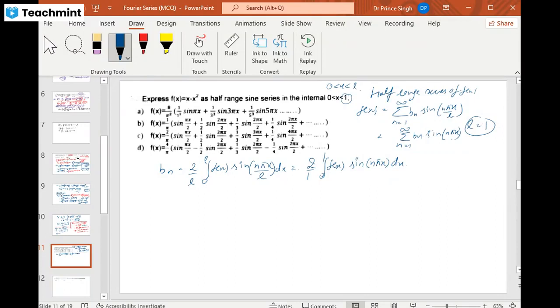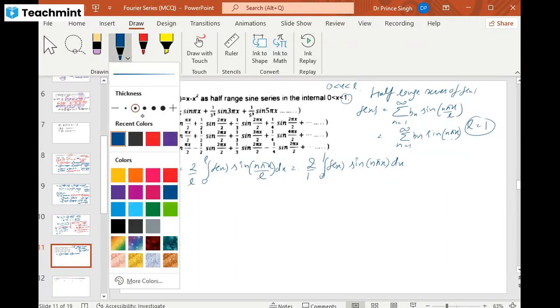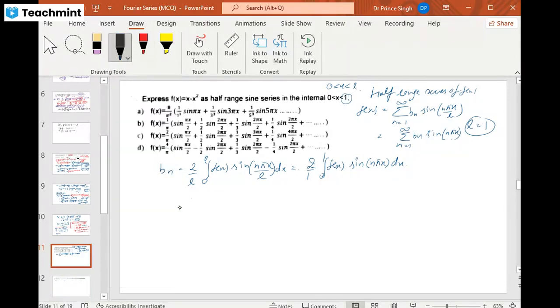In this case, our function is x minus x square. So let us solve this integral part. Here the value of Bn is 2 times integral 0 to 1 of x minus x square into sine of n pi x. Here we are going to use the product rule. We have already discussed in the video of Fourier series the special formula for u and v, because here one function is a polynomial and another is a trigonometric function.